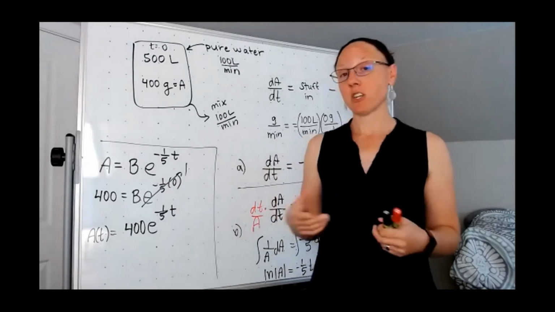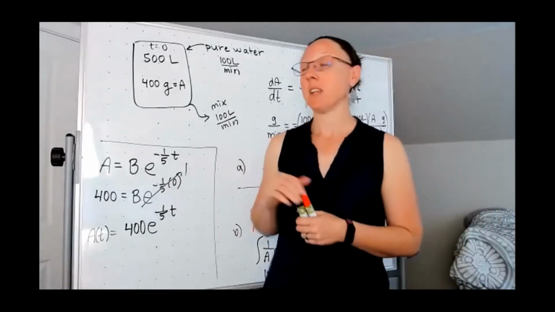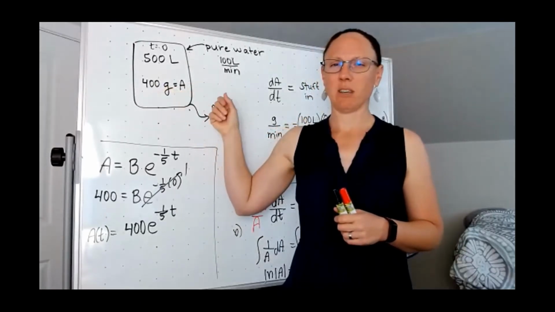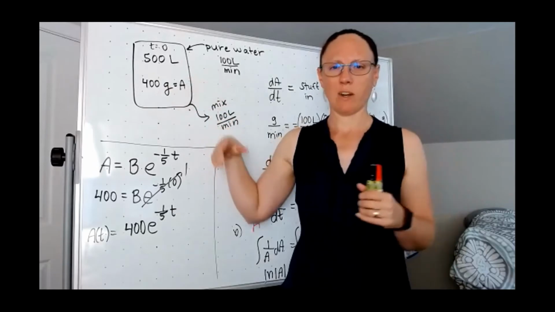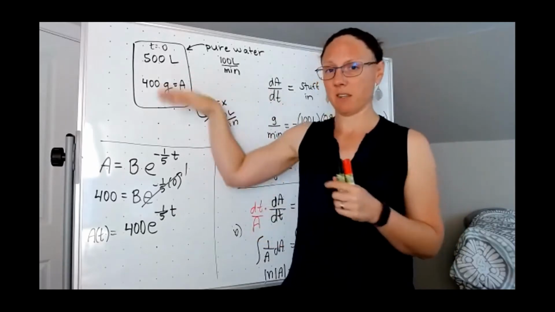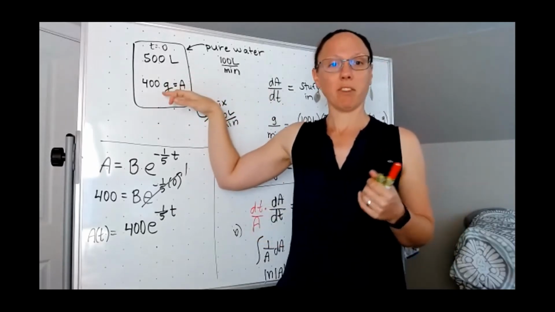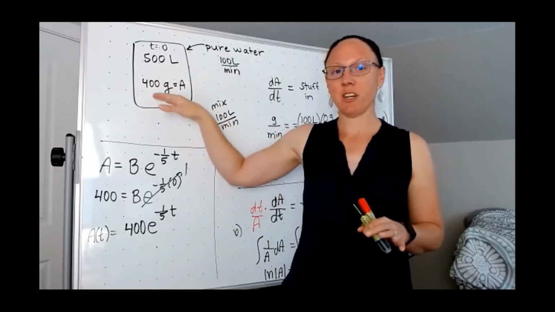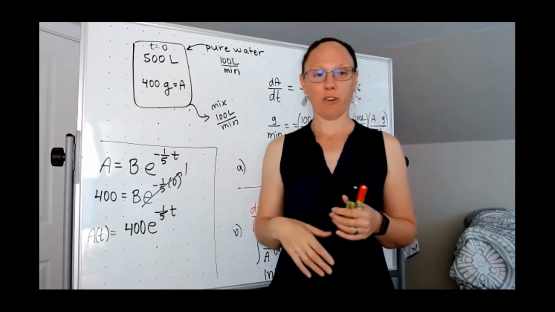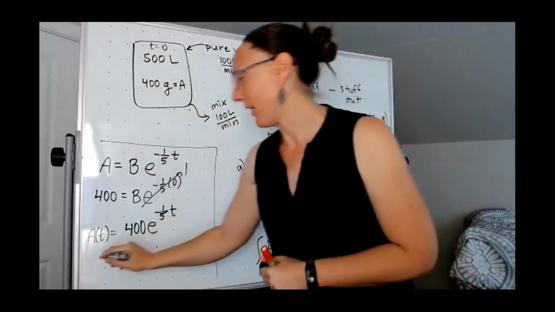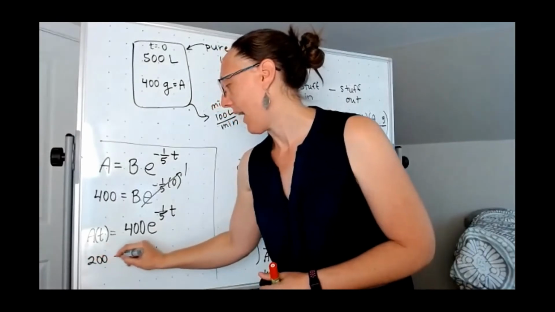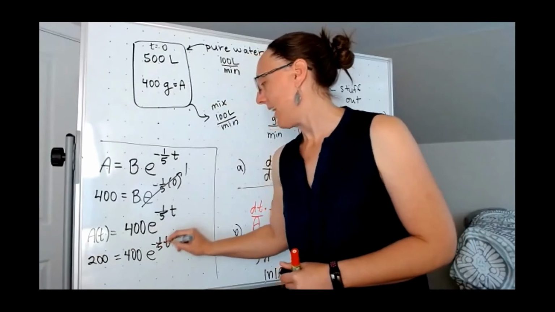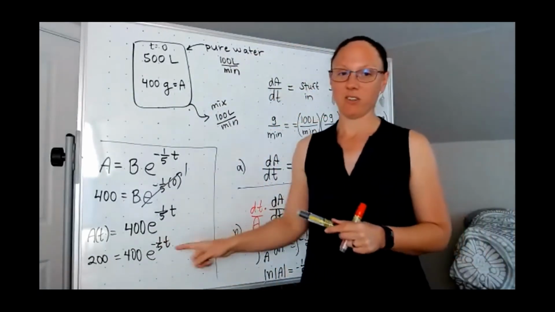Well, if the concentration is going to be half of the original amount, then rather than having 400 grams of dissolved lemon juice, actually, I'll use the phrase dissolved and a chemist can tell me I'm wrong, if we're going to be at half that concentration, the value would be 200. So I would need to plug in 200 for A, and then do algebra to figure out T.